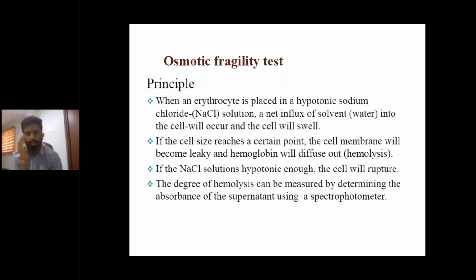If the cell size reaches a certain point, the cell membrane will become leaky and hemoglobin will diffuse out, leading to hemolysis. If the NaCl solution is hypotonic enough, the cell will rupture. The degree of hemolysis can be measured by determining the absorbance of the supernatant using a spectrophotometer.